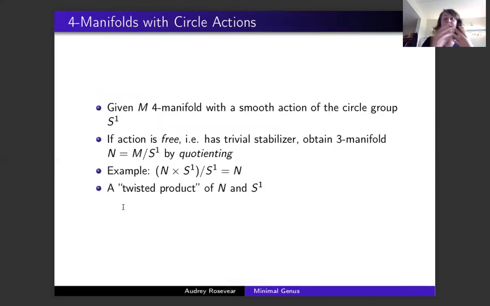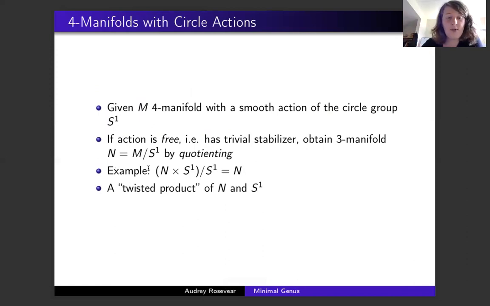So the question is, can we generalize this to a broader array of situations? Suppose M is a four-manifold with a smooth action of the circle group S1. If the action is free, i.e. it has trivial stabilizer, you can take a quotient like you do in group theory, taking equivalence classes, that has the natural structure of a three-dimensional manifold.